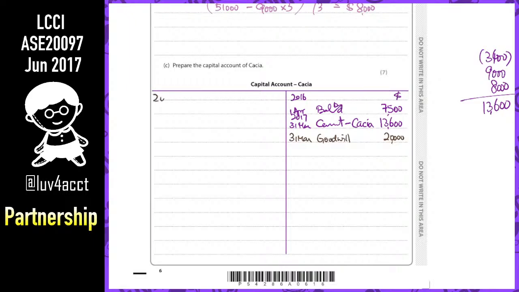The settlement, 31st of March 2017: first of all, you are given a check of 40,000, and then the rest is transferred as a loan from Cassia. Okay, so all settled.